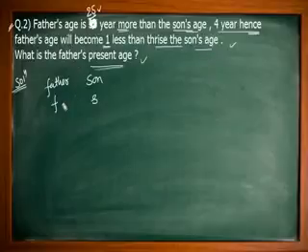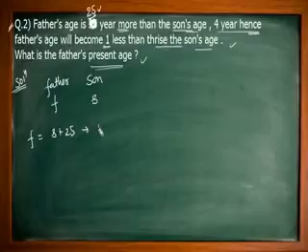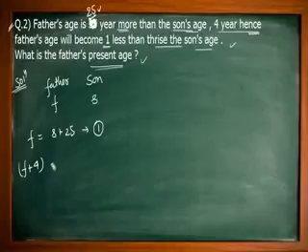Suppose the father's age is F and the son's age is s, so F is equal to s plus 25. That is your first equation. And 4 years hence means F plus 4. 4 years hence, the father's age will become 1 less than thrice the son's age.